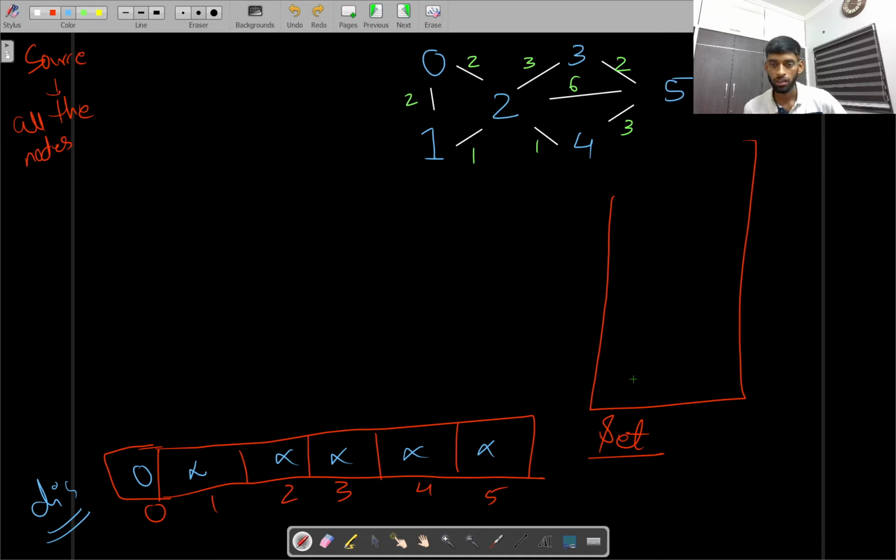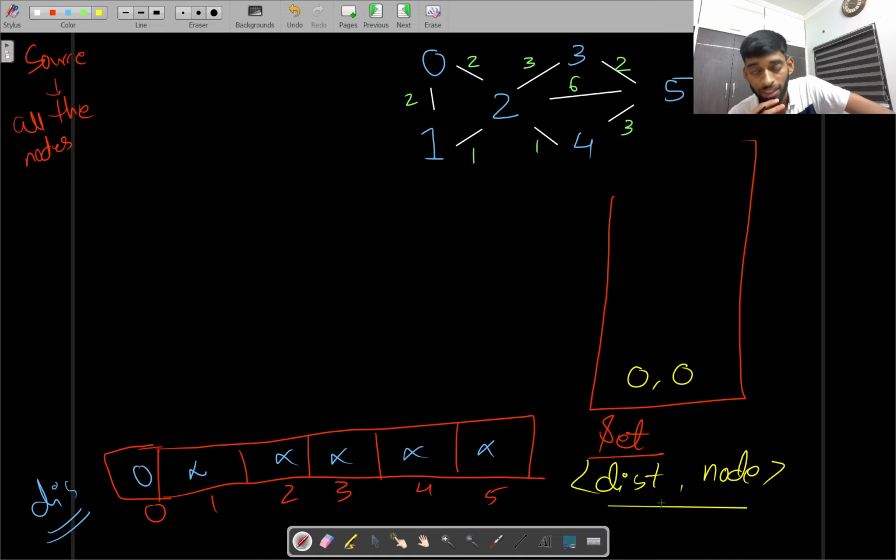So in the set we will initially insert the value 0 and the source node. In the set we will be maintaining the distance and the node. Please remember this. Now, why are we using the set data structure?